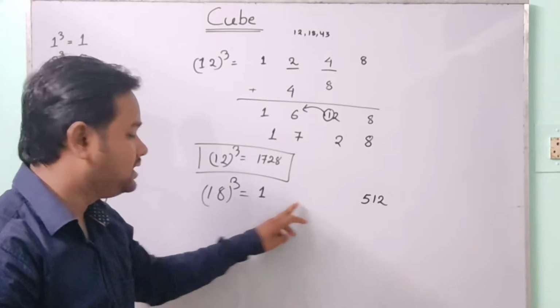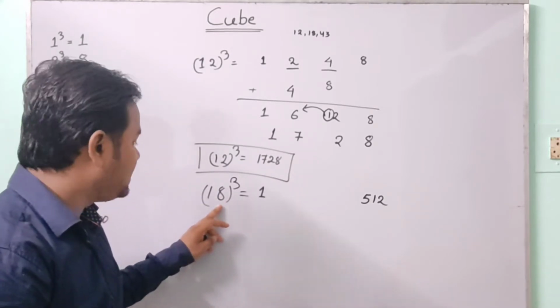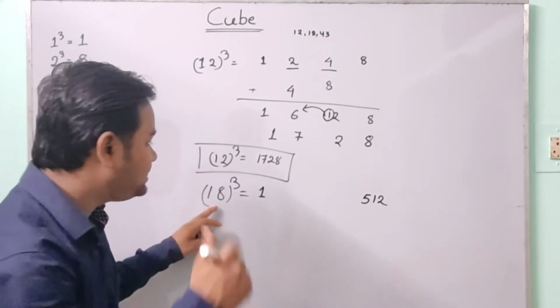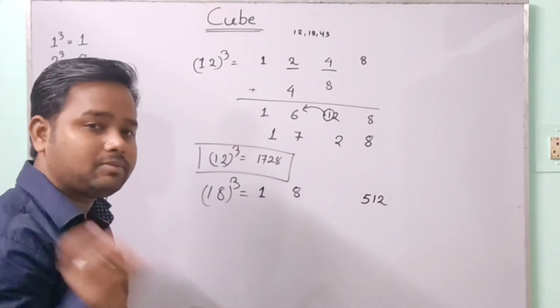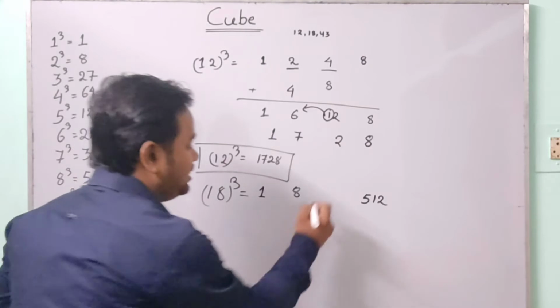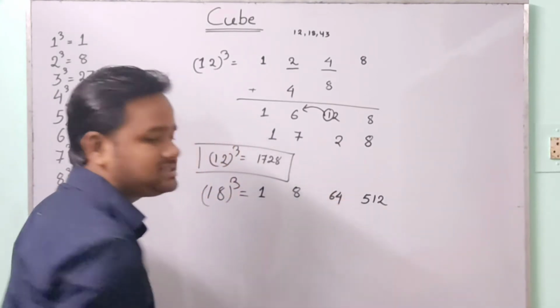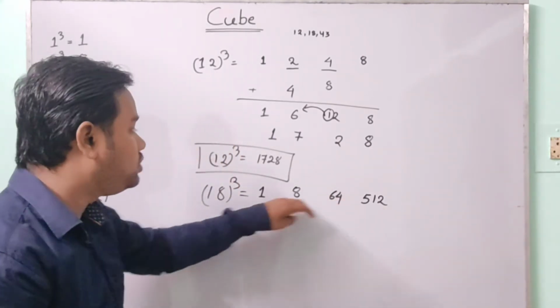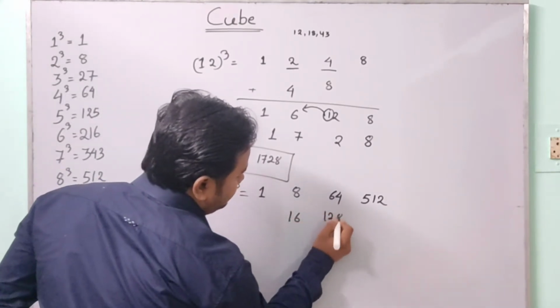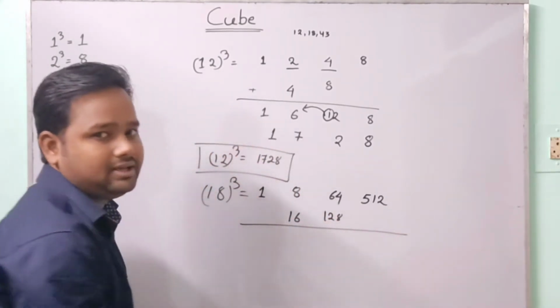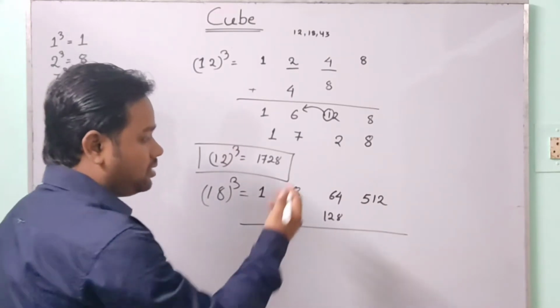The first place is the square of the first into the second. That means 1 square is 1, into 8 is 8. In the second place, I will write the square of the second, that means 64 into 1. It will be 64. Next, I will write double of the middle two numbers. That means here I will write 16, and here it is 128.